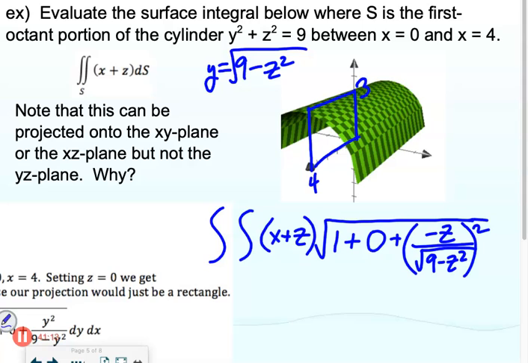And then you could go dx dz or dz dx, they're all constants, it really doesn't matter. Did you go dz dx or dx dz? You went dz dx? Okay. So z is 0 to 3, x is 0 to 4, right?